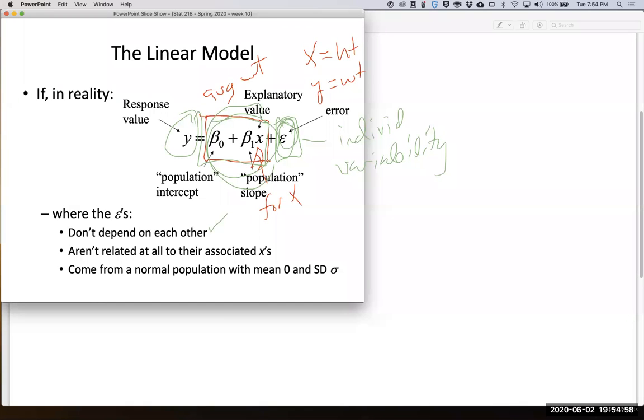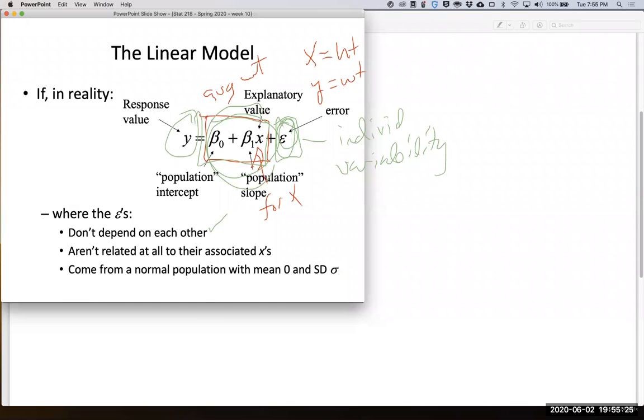So if you can imagine a situation where knowing one epsilon helps me predict another one, you shouldn't be using the linear model in that case. Basically think an independent sample will get you this. If the 5th data point doesn't help you predict the 9th or the 27th or the 53rd, you have independent sampling, you've achieved the first condition.